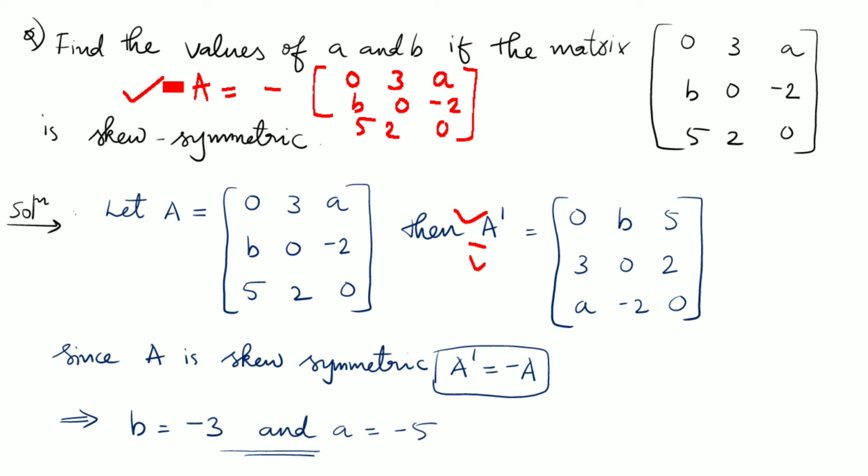So this A is equal to minus 5 is your answer. So here it is written B equal to minus 3 and A is equal to minus 5. To know how to solve this, you should know the condition first. Then you have to compare the elements of 2 matrices.